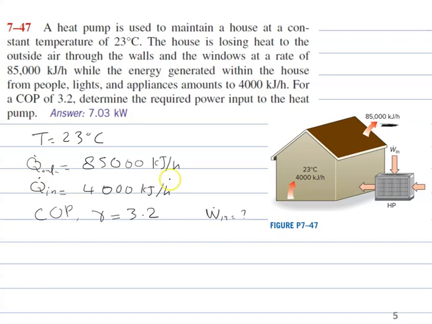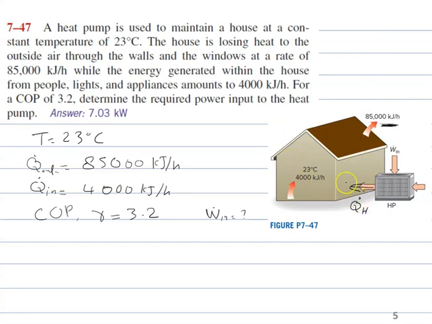So if we take the house as our control volume, there is heat input from the people and the appliances, heat output, and we'll have also heat input from the heat pump. This heat input from the heat pump will be QH.